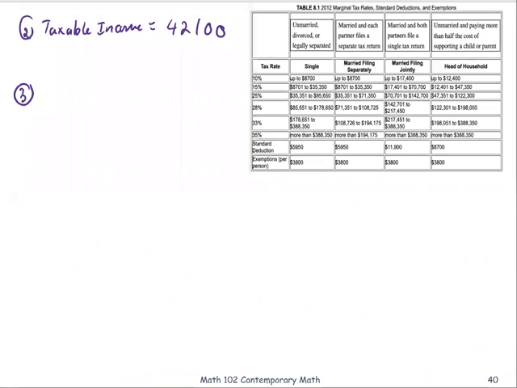So income tax is from the tax calculation minus the tax credits. Note that the tax credit is 500 and the tax calculation is from the table.